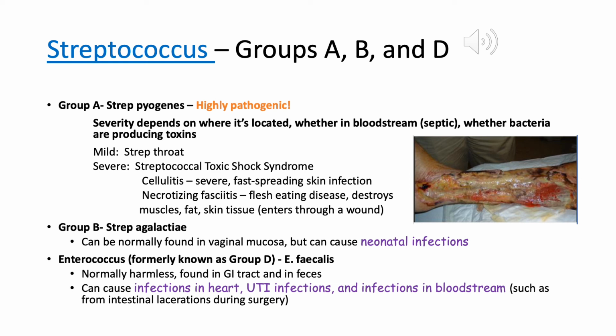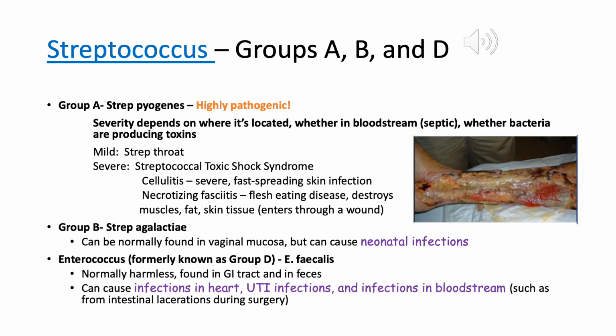And then in group B, that's Strep agalactiae. That can normally be found in the vaginal mucosa, but it can cause neonatal infections. And then Enterococcus, which was formerly known as group D, that's E. faecalis. That's normally harmless.